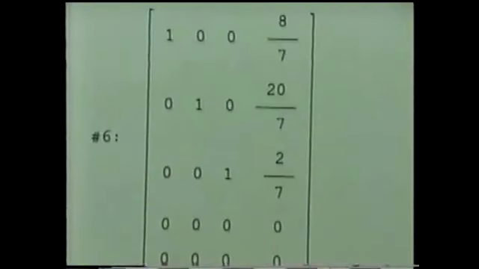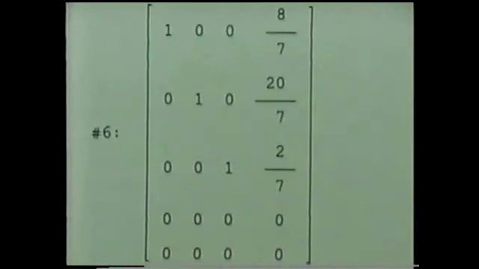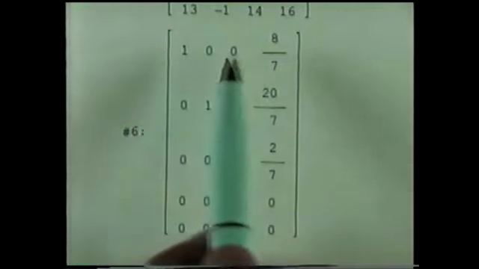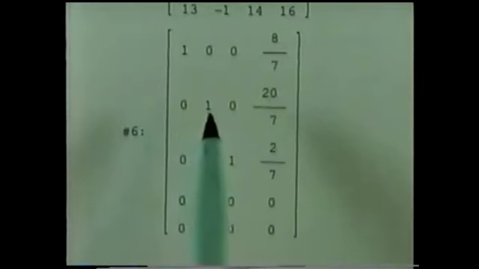Now if I row reduce A transpose, we get this matrix: 1, 0, 0, 8 sevenths; 0, 1, 0, 20 sevenths; 0, 0, 1, 2 sevenths; and then rows of zeros.